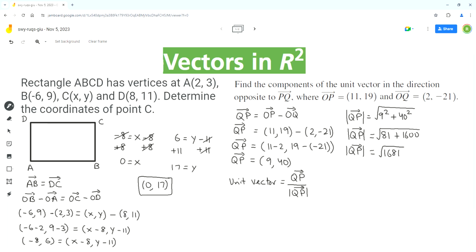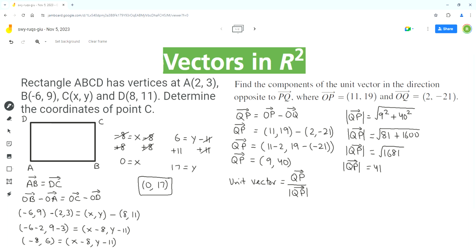Now we can do the square root of 1681, which is equal to 41. So this is the magnitude of vector QP.